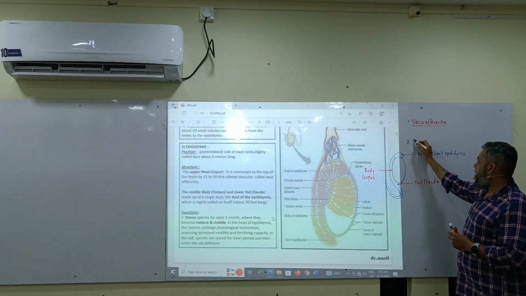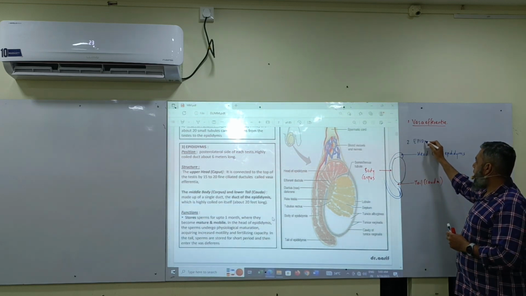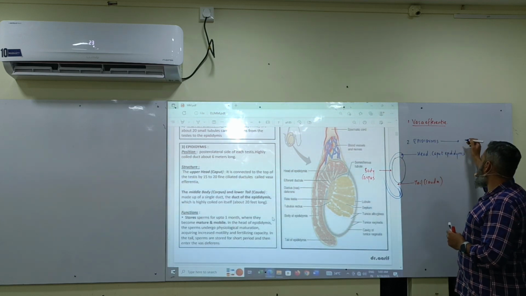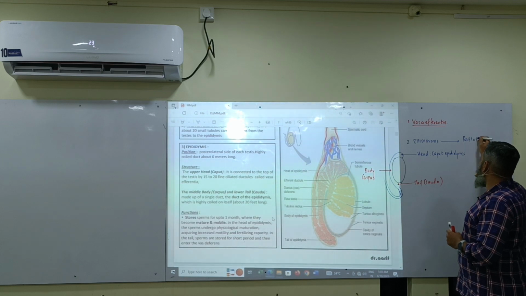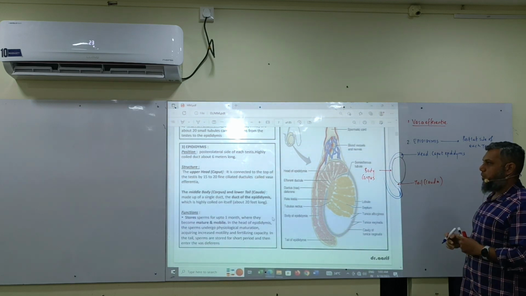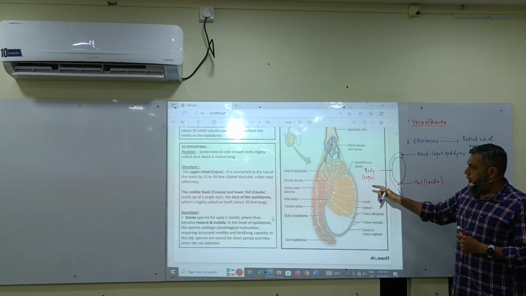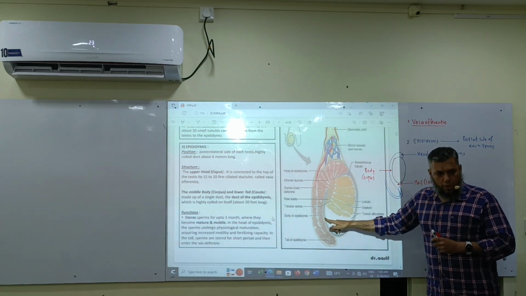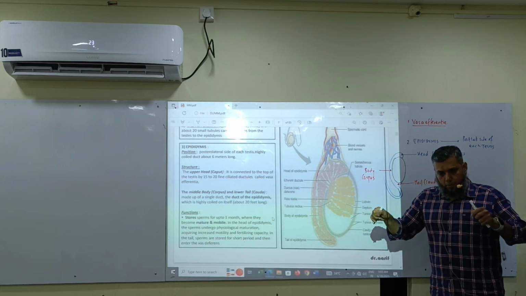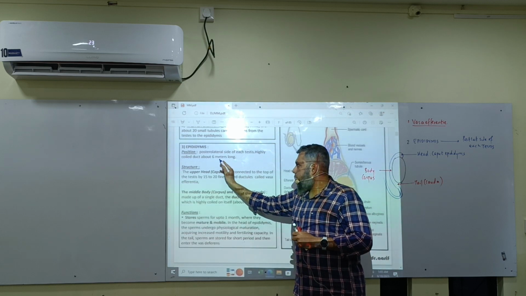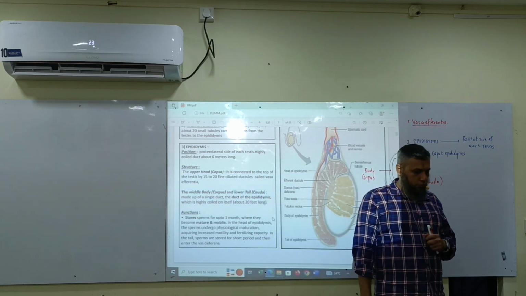The second duct we did was the epididymis. What did I tell you about it? It is present on the posterior-lateral side of each testis. These are highly coiled tubules. They are so coiled that if you open them, each epididymis is about 6 meters long.